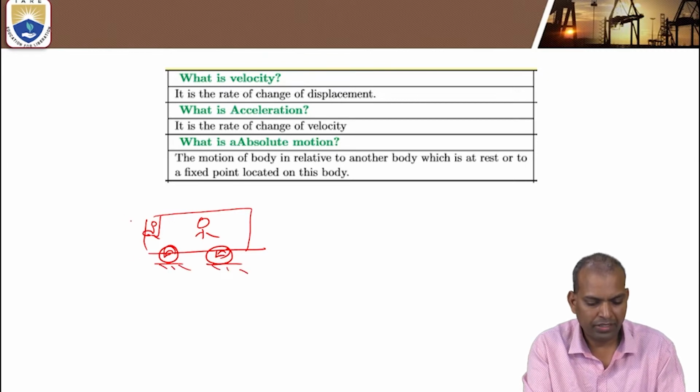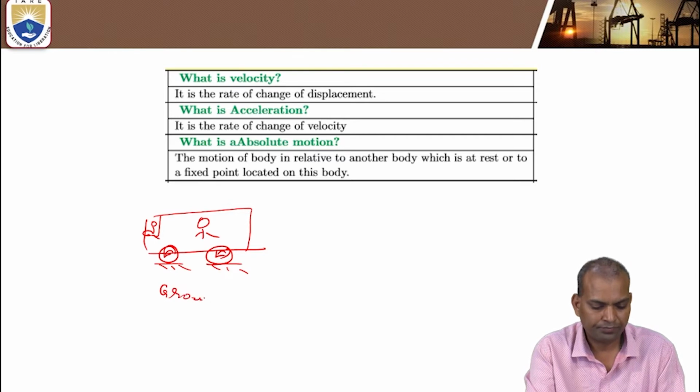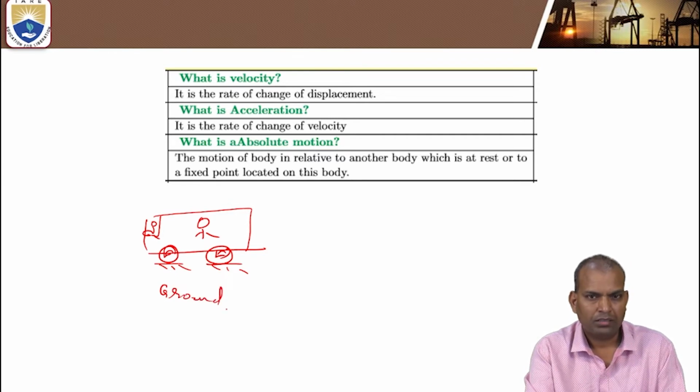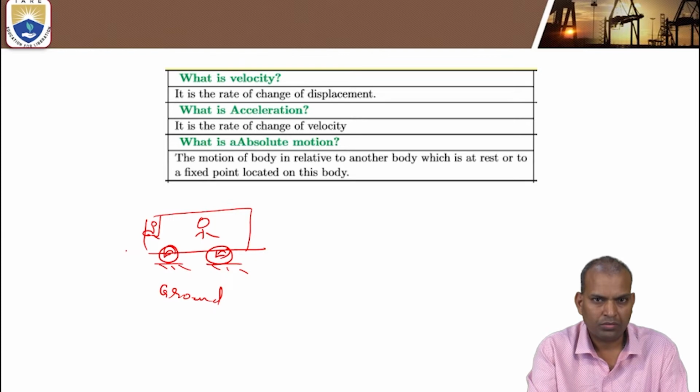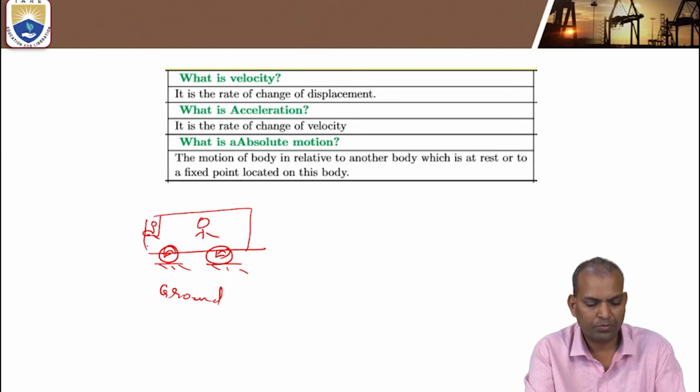The velocity of the bus with respect to the ground is the absolute velocity, or absolute motion, of that bus.